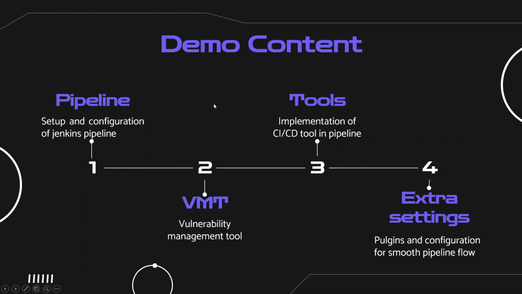Then we will deploy the vulnerability management tool, which is DefectDojo. After that, I'll be adding the tools to the Jenkins pipeline. Basically, it's going to be the CI/CD tools and extra settings, and some of the plugins we are going to use, like Blue Ocean, which gives you a clear view of your pipeline running. This is what I'll be doing in my further videos.